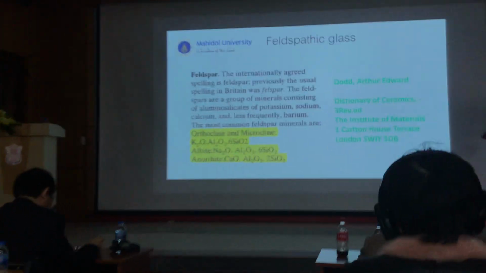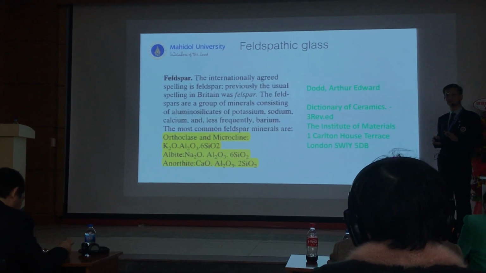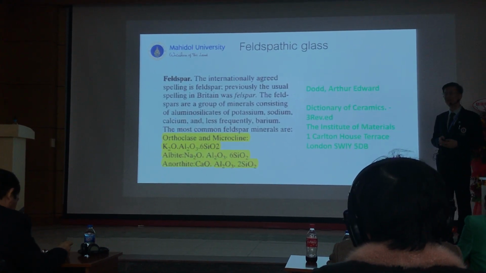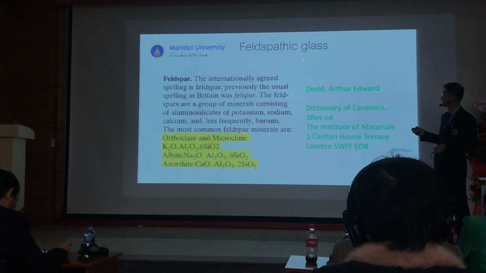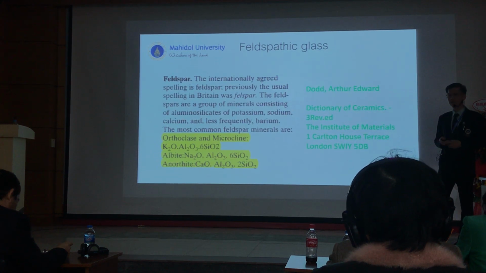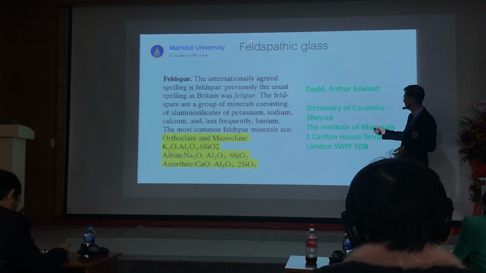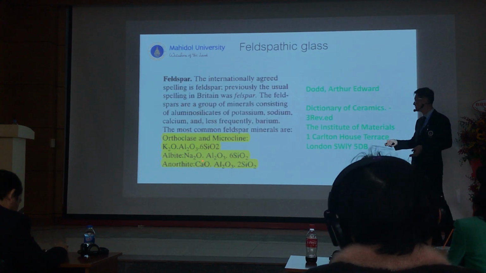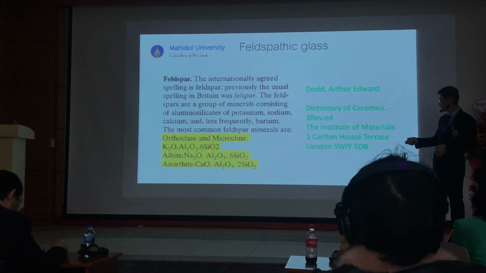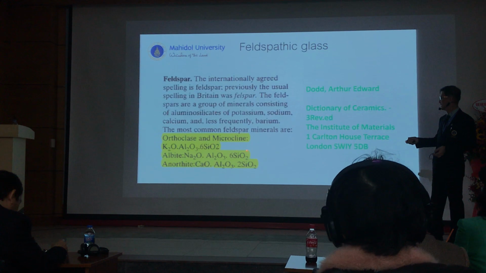Most of them are feldspar. What is feldspar? Feldspar is a group of aluminum silicate. Don't worry about the name of the feldspar. It just belongs to this group of aluminum silicate glass.